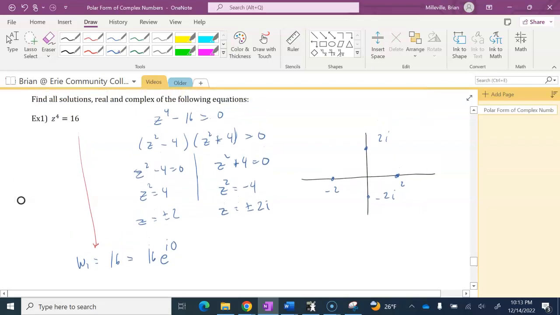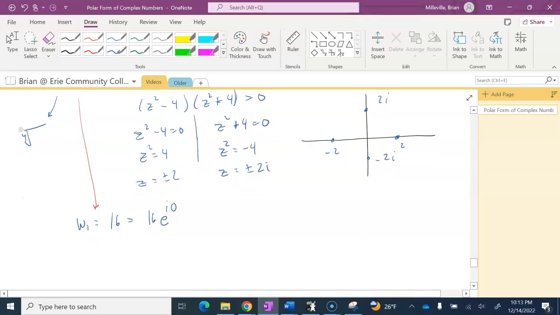Now, what we're eventually going to see is that to get rid of a 4th power, we're going to take the 4th root of each side. So we're going to take the 4th root of 4 different versions of the polar form. The first one is 16 times e to the i 0 power. For the second one, we just need to find a coterminal angle.